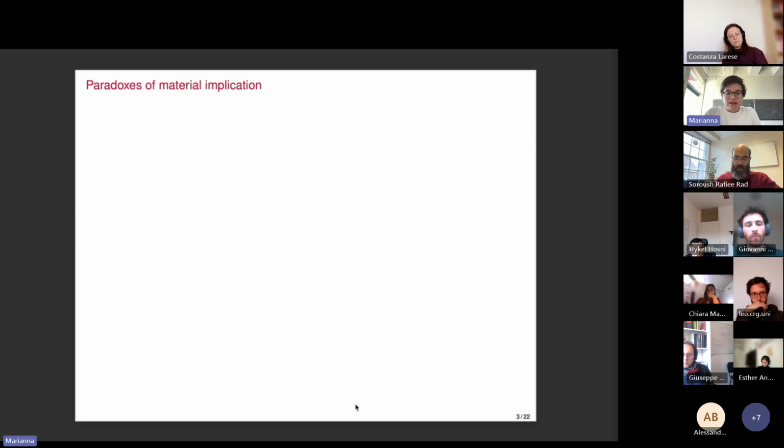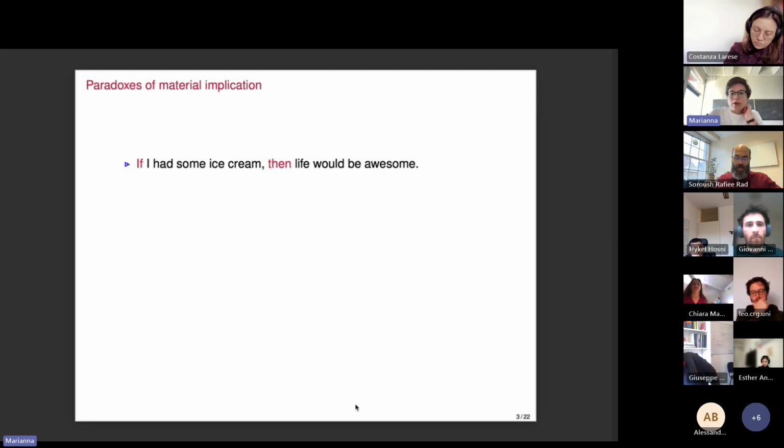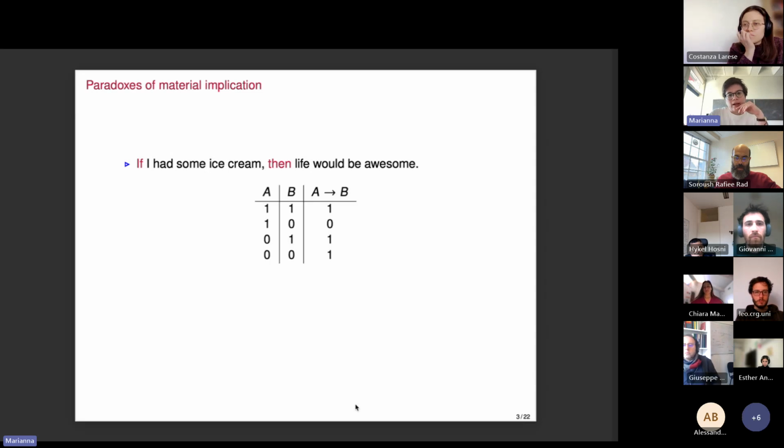Okay, well, as I guess you will know, if you try to use material implication to formalize counterfactuals or these non-monotonic sentences, well, things don't go so well. And the reason is quite simple. If you consider a counterfactual and you try to interpret it using material implication, then what happens is that just every counterfactual will be given the truth value 1, because of course the antecedent is not true, the antecedent didn't happen.